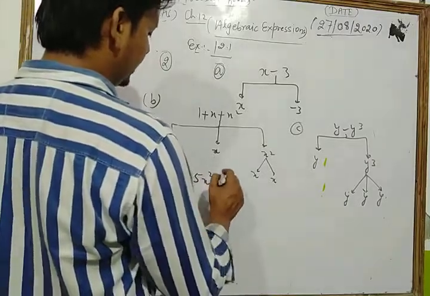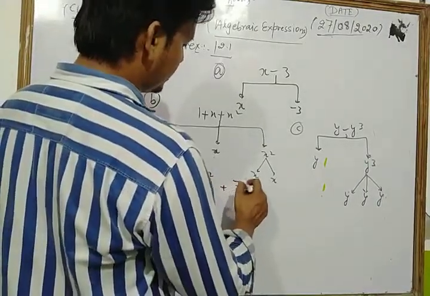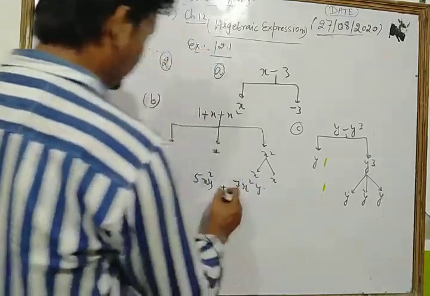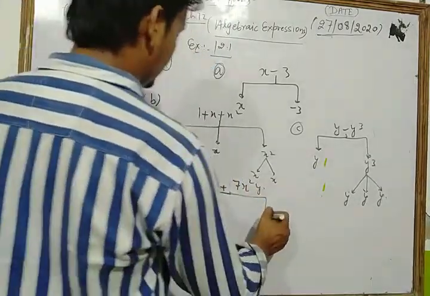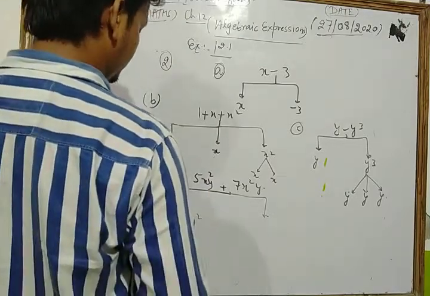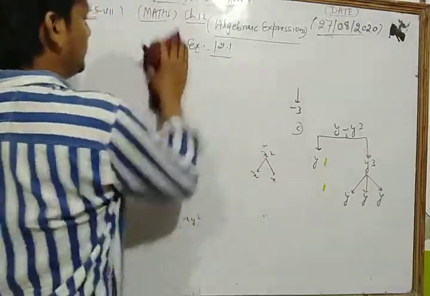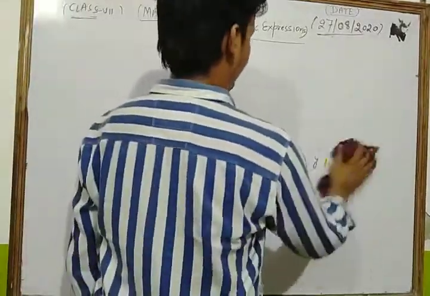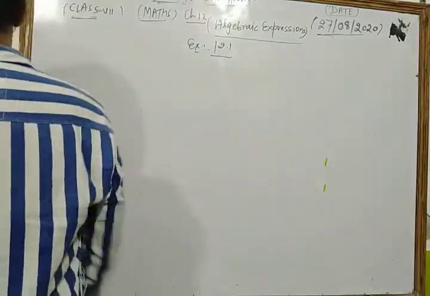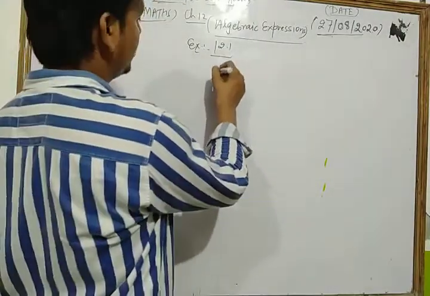First of all we write 5xy square plus 7x square y, the given expression, in this way. This is the d part of that question.